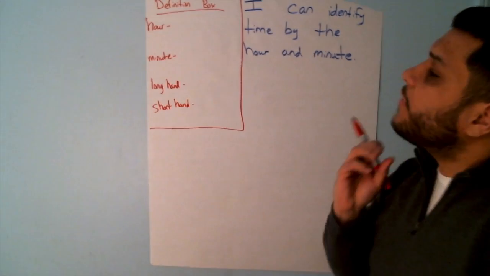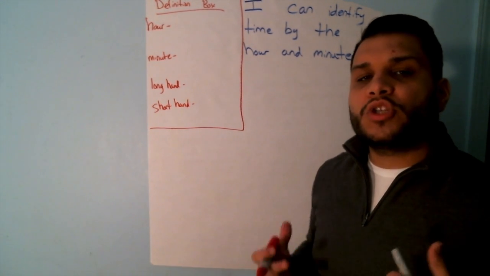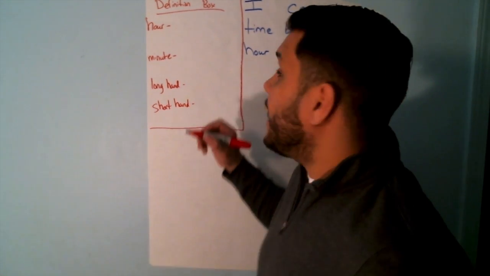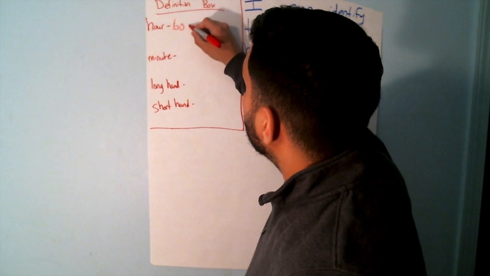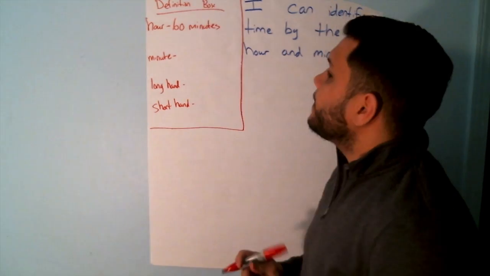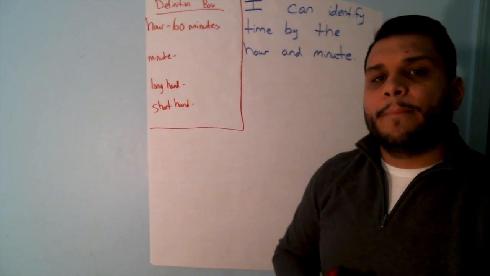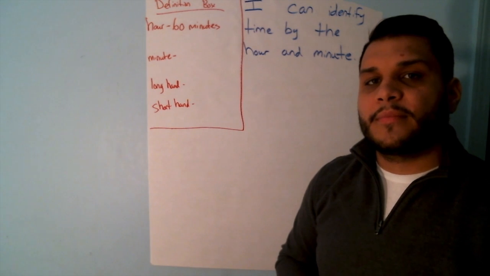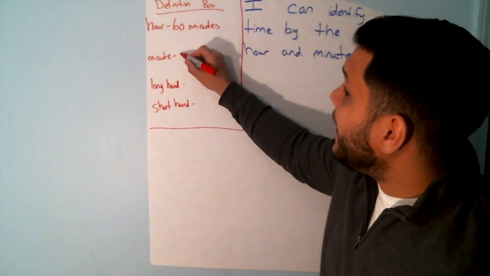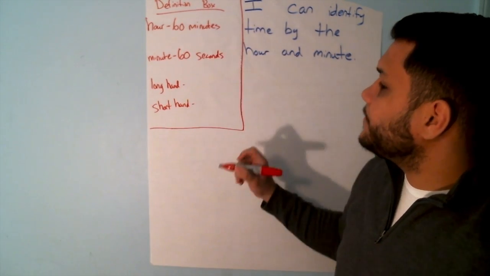So we will identify our hour by how many minutes. How many minutes are in an hour? Yes, 60 minutes in 1 hour. So we will put 60 minutes. And for our minute, how would we define the word minute? Great. The word minute means that we have passed 60 seconds.